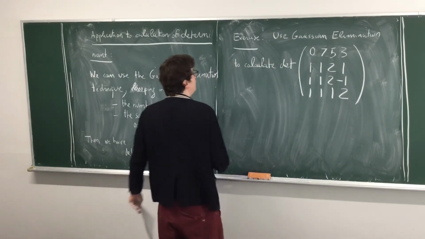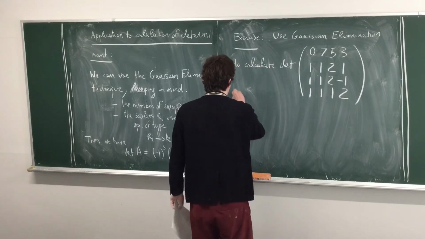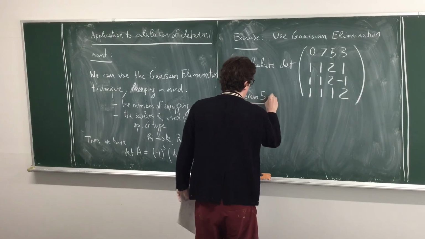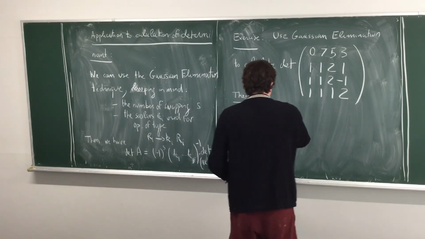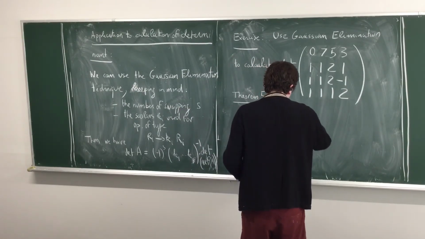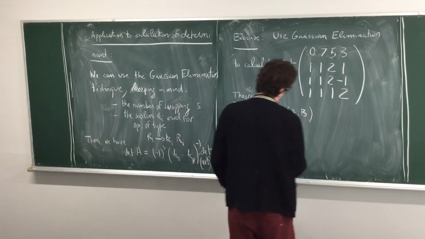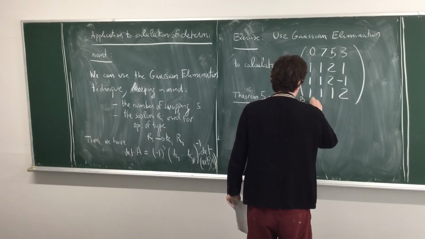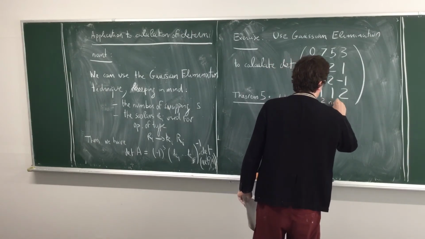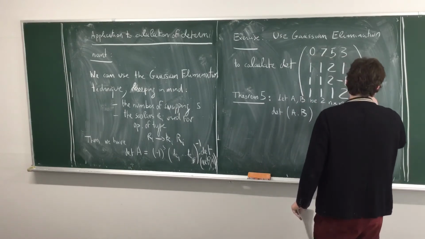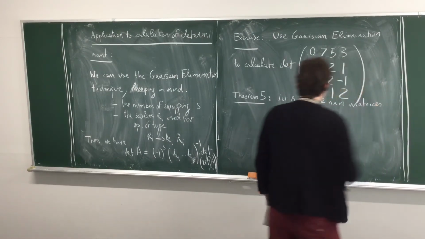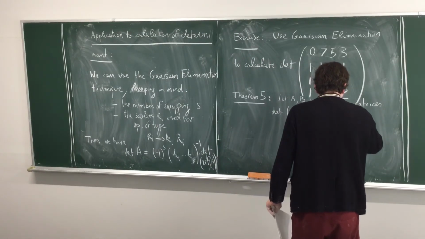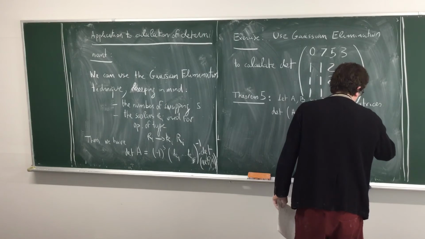Okay, let's see another property of the determinant, a very important one. Let's call this theorem 5. The determinant of a product of square matrices, so A and B, n times n matrices: the determinant of the product is actually the product of the determinants.